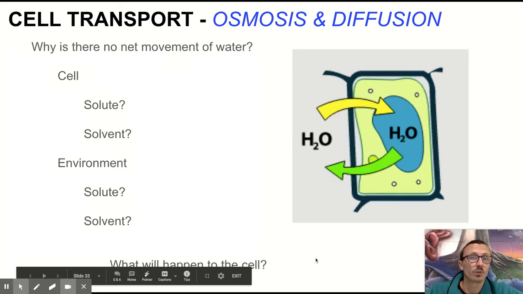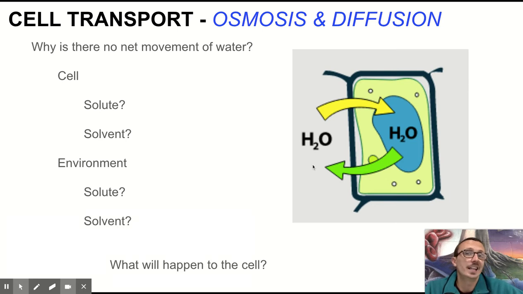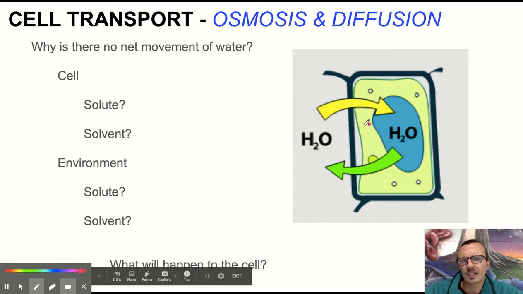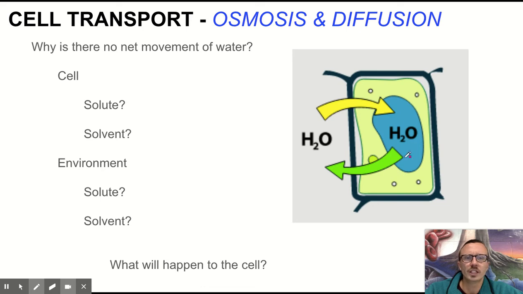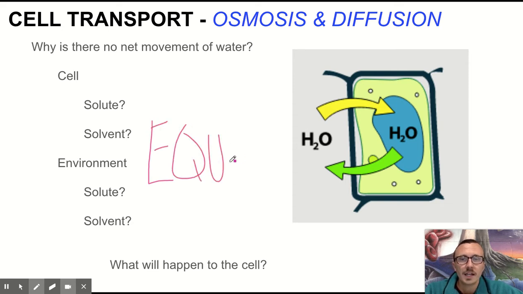I bet you can guess what it is. Okay, so here we have a situation where water is moving out and in, and it looks like it's moving at an equal rate. So we would say that this cell is at equilibrium with its environment, right? We can't really tell how much water or solute there is, but all we know is that the concentrations of both water and the solutes are equal between the cell and the environment, right?